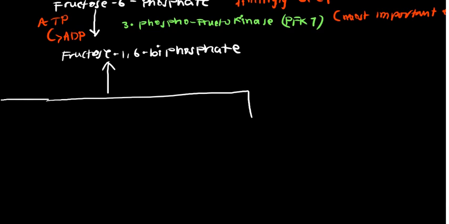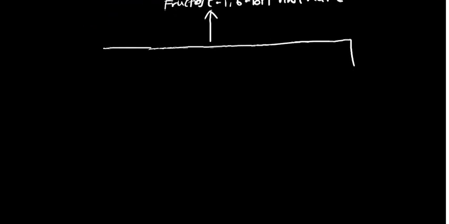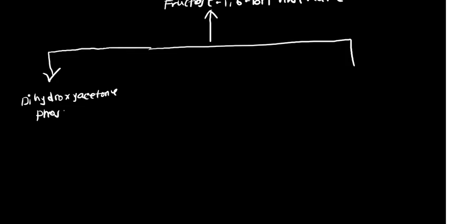Let's draw it properly. So we have dihydroxyacetone phosphate, then here we have glyceraldehyde 3 phosphate.